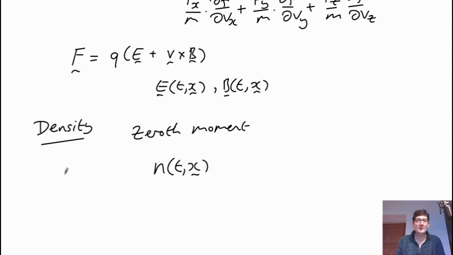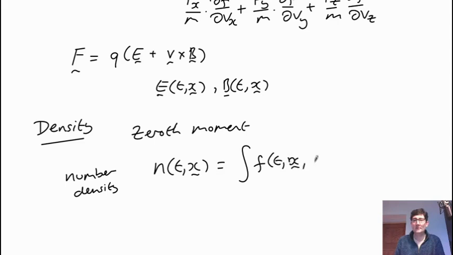This is the number density, so how many particles there are per cubic meter, for example. It is just the integral of f, which again is a function of time, space, and velocity. We just add up all the particles at any velocity at a given location, so we integrate over the velocity dimensions. Here I'm using this to mean dvx, dvy, dvz, so this is a triple integral over all components of the velocity.